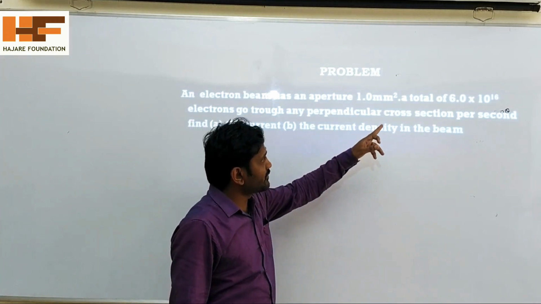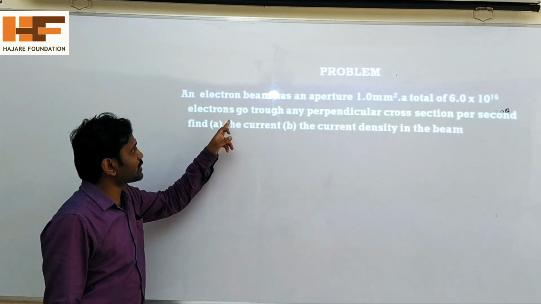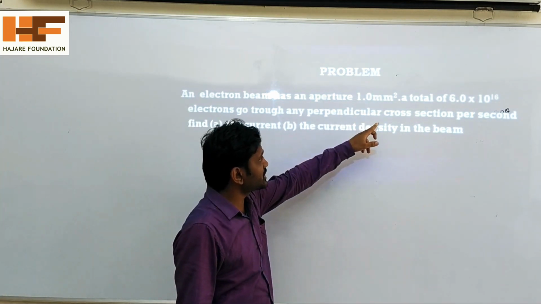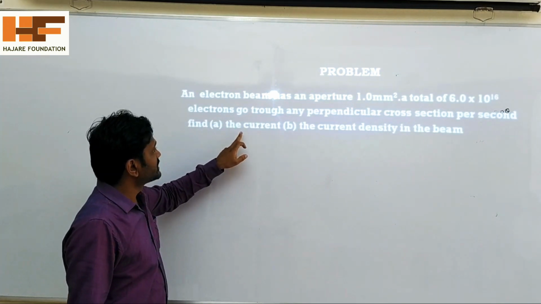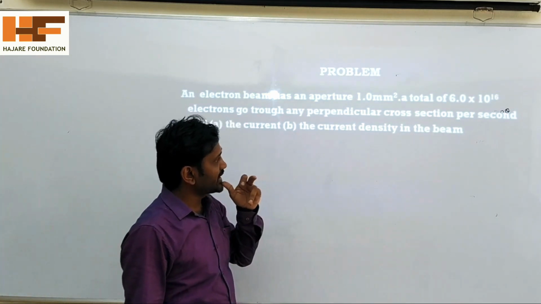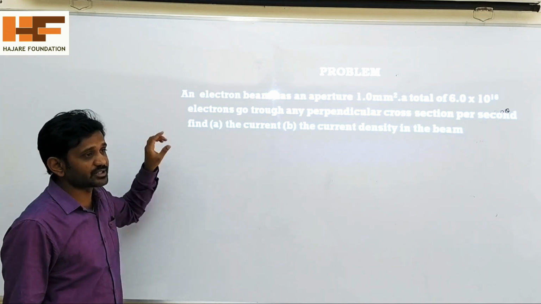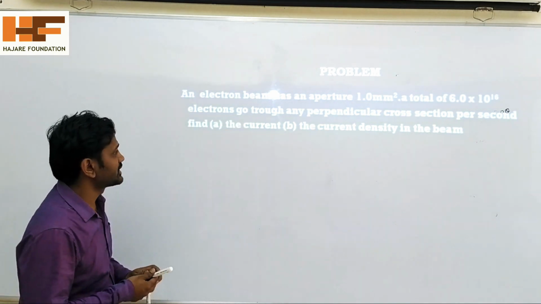A total of 6 into 10 raised to 16 electrons go through any perpendicular cross section per second. Find the current, and second, the current density in the beam. Here the electron beam has an aperture, and that aperture has a cross-sectional area of 1 mm square.